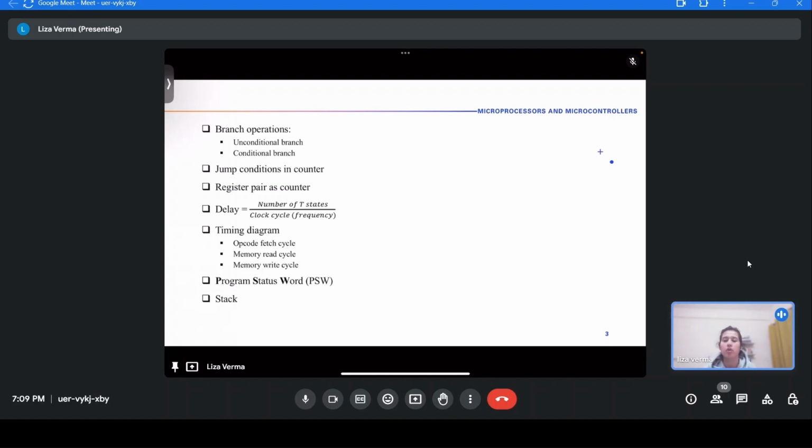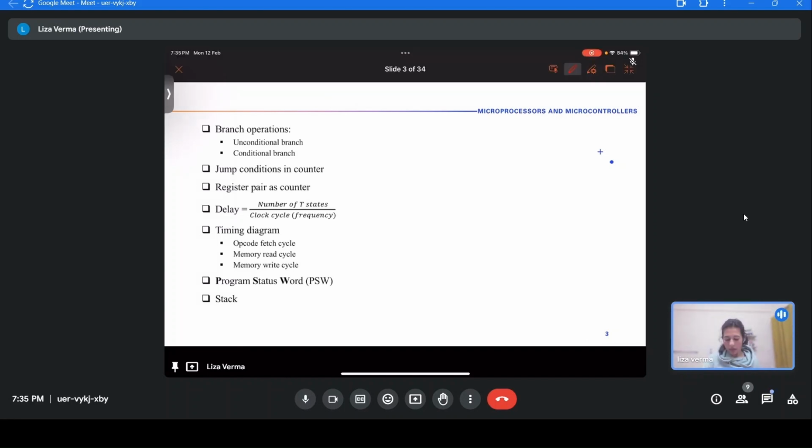To increase your count, you can use a register pair, which has double the bits, 16 bits, and since the number of counts is increased, you can execute your program or instruction more times than with the 8-bit count, right?